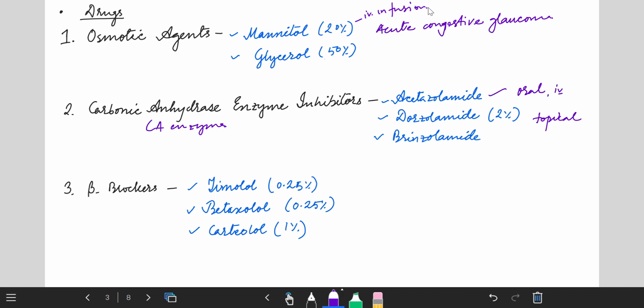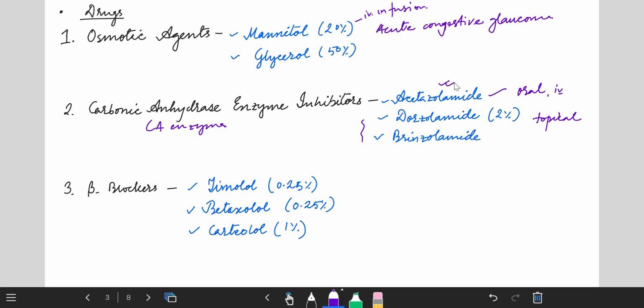Okay. Now, how do these enzyme inhibitors act? They inhibit the carbonic anhydrase enzyme. As a result, bicarbonate formation decreases in the ciliary epithelium, and thus they decrease the formation of aqueous. Now we need to be clear that these topical carbonic anhydrase inhibitors are preferable for chronic simple glaucoma, but systemic acetazolamide is preferred for acute congestive glaucoma.